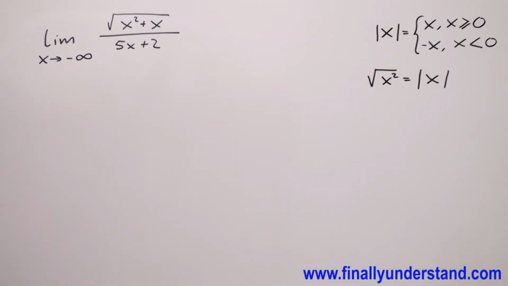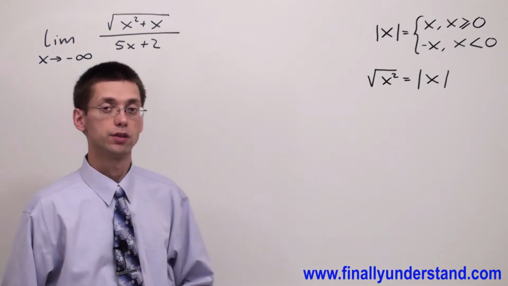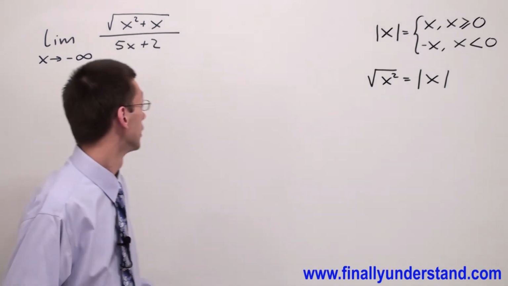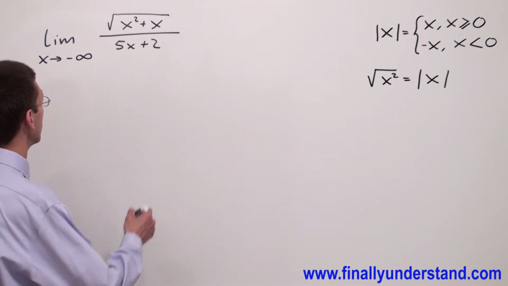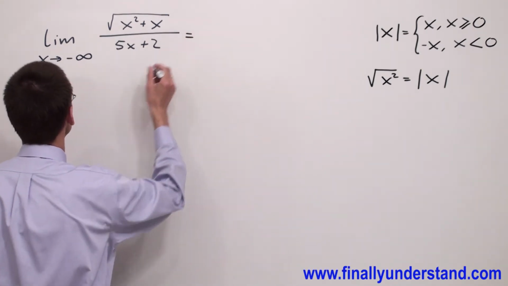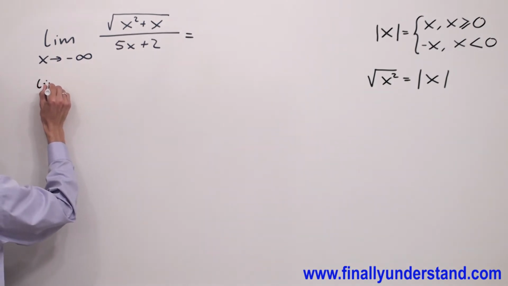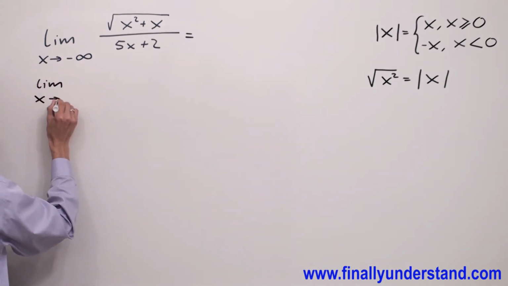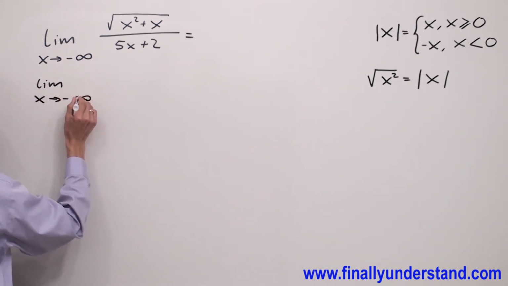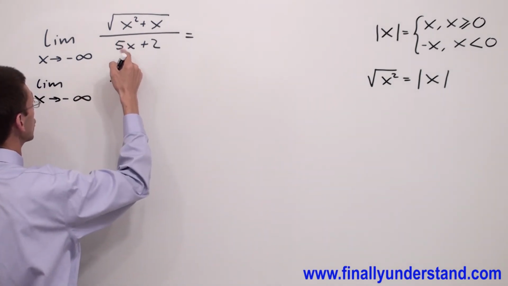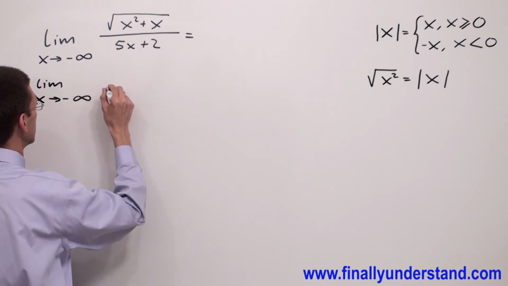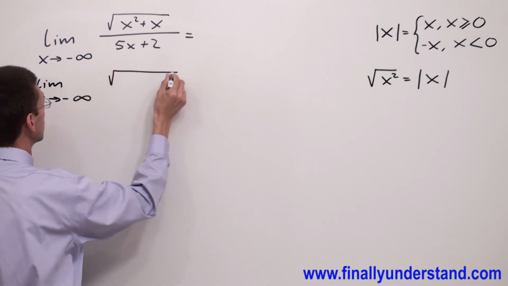We have another example. I would start solving this problem by factoring the numerator. You can rewrite this as the limit with x going to negative infinity, and I'm going to factorize x^2 from the numerator.